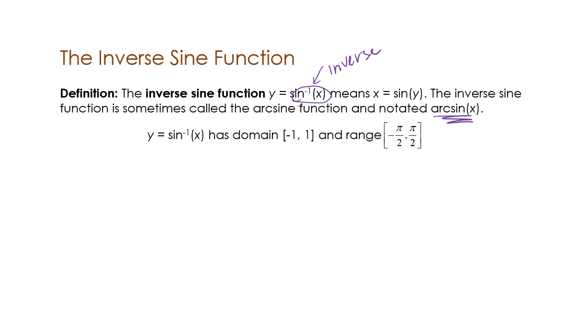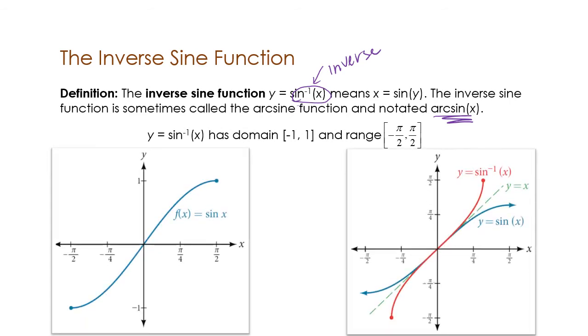To get it so that this was a one-to-one function, we're going to restrict the sine to just being here. Now remember, with sine inverse, the x values become the y values. So the domain is going to become the y values, between -1 and 1.